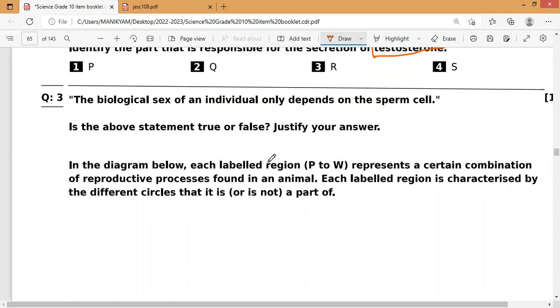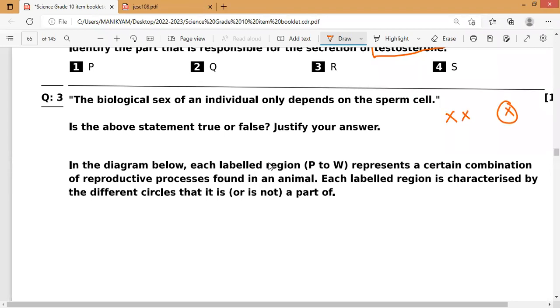So basically, I told you so many times, whether the baby is male or female cannot be controlled by the mother, and cannot be controlled by the father. It depends only on the sperm which has been fertilized with the egg. Why, guys? What is the reason? It comes in heredity and evolution, sex determination. Because the female always has X and X only.